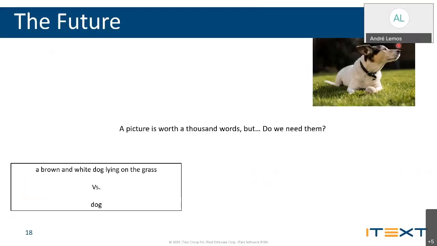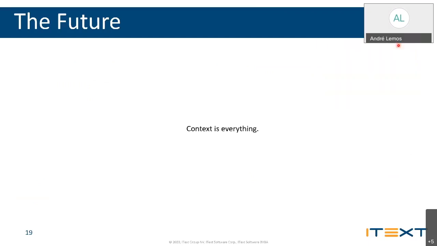But like everything in life, it's all about compromise. And in this particular case, I think it's about context, really. Because context is everything, and we can see from your suggestions from the audience that context really is everything.